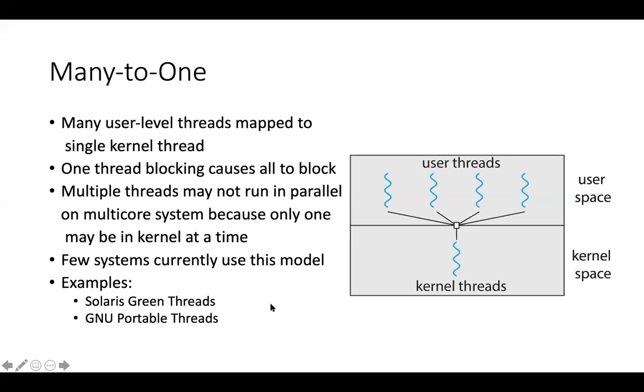There are a few systems that currently run this model, such as Solaris. I think some of you have heard of the Solaris OS, and then GNU, which I think is open source as well.